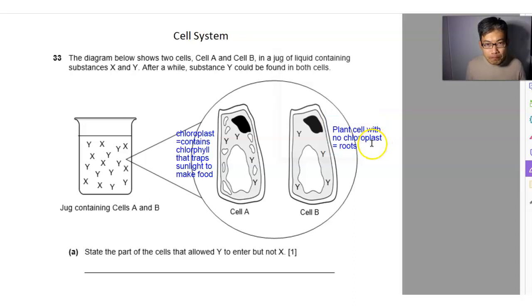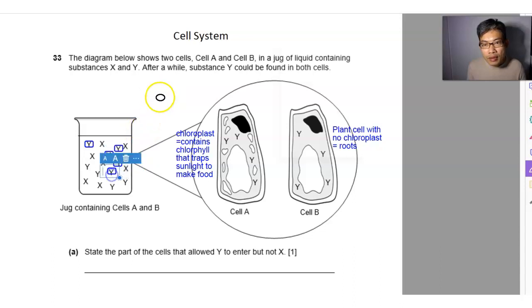Now, after a while, substance Y, which is this substance, can be found in both cells. At first, substance Y was not in the cells. Later on, substance Y entered the cell. This liquid contains two substances, and Y is the one I'm boxing up in blue here.